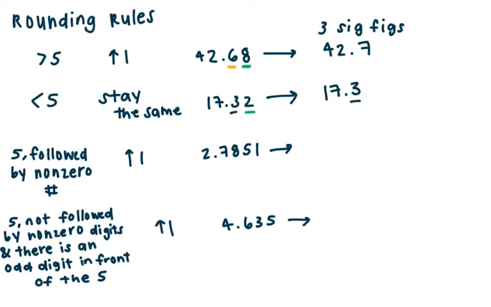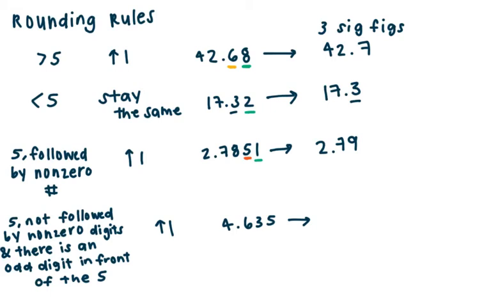If you have 5 followed by a non-zero number, you're going to increase by 1. So right here, you have 1 and you have 5. So notice how 5 is followed by 1 and 1 is a non-zero number, which means that when I round, my answer will be 2.79.